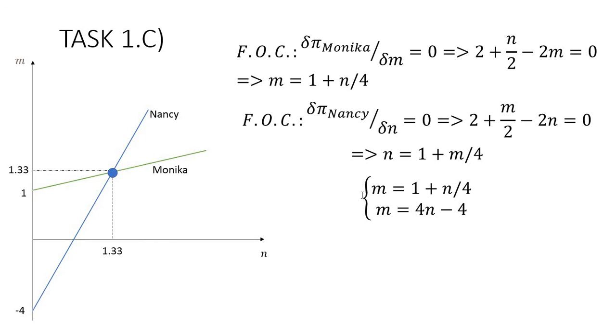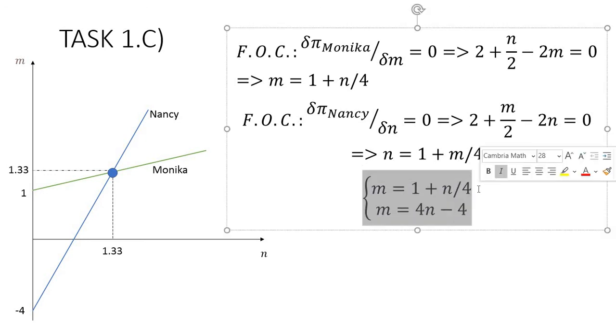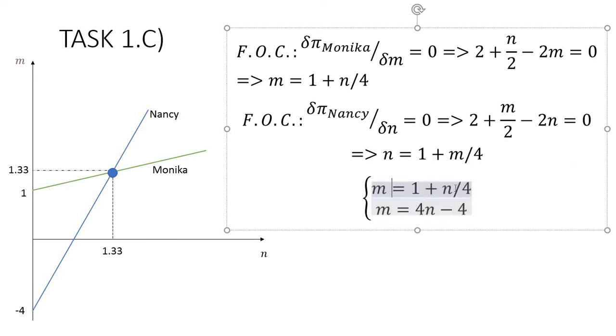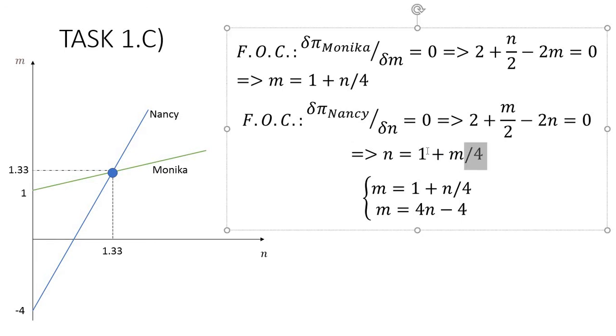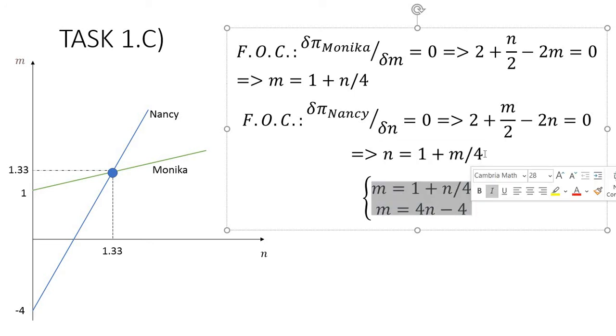So this is the system of equations to be solved. This is Monica's function, m is equal to 1 plus n over 4. And this is Nancy's function. I just rearranged it to have m as a function of n. It's just the same. You can apply a set of linear transformations and get this function out.